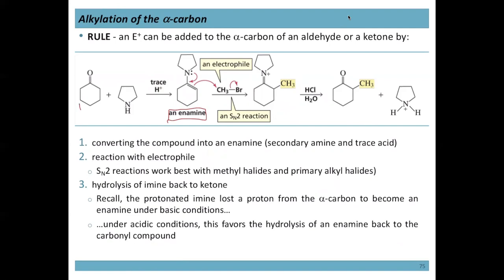If you don't remember this mechanism, look back to the carbonyl chapter or that handout that I gave you. When you add a secondary amine with just a little bit of acid, you get an enamine. Then that enamine can react with electrophiles like it does in this case. It does the alkylation, and then we end up with this iminium ion.